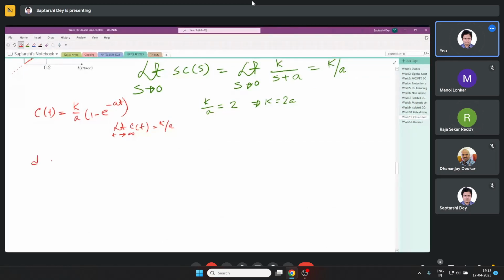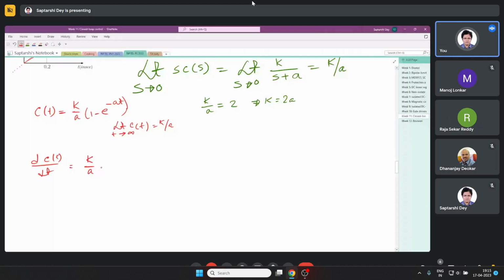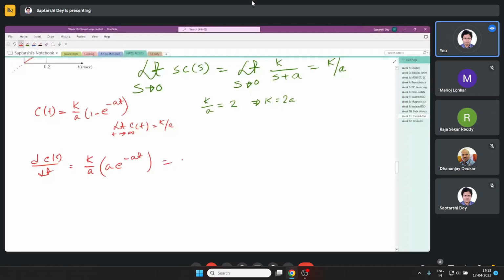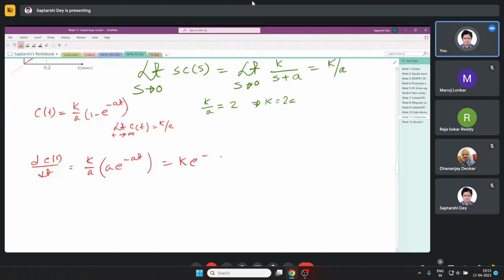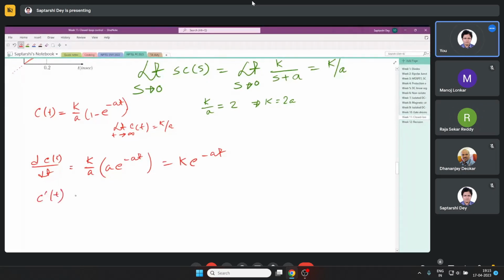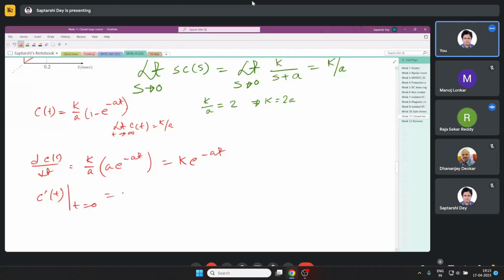So dc(t) by dt will give me k by a, 1 becomes 0, minus a comes out, so it becomes a e to the power minus at. So k e to the power minus at. So c prime of t at t equals 0 is k.